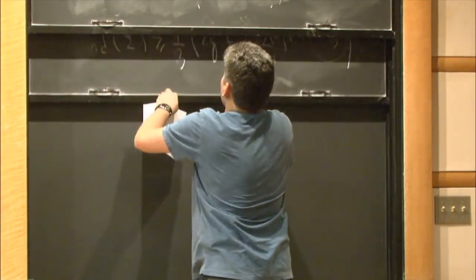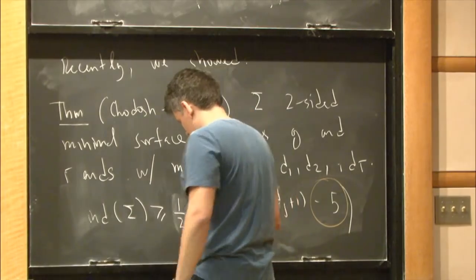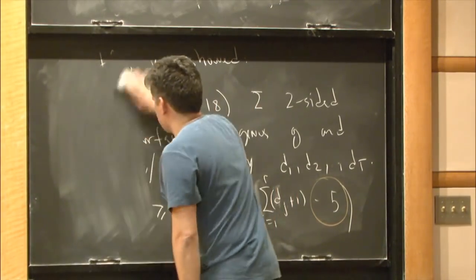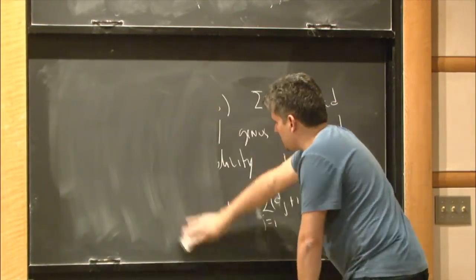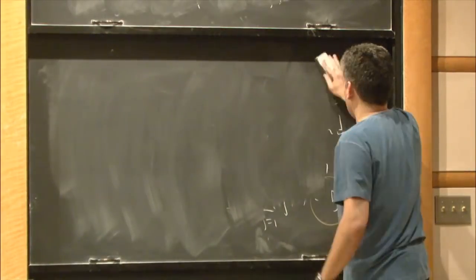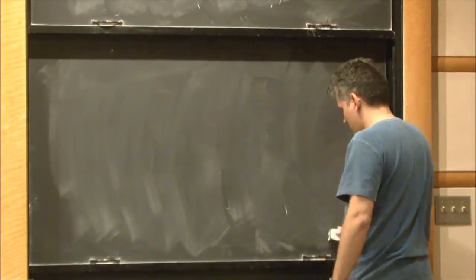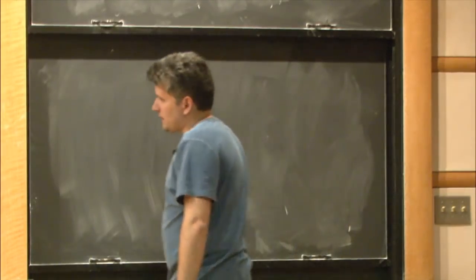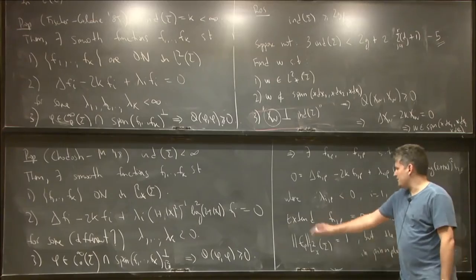Okay, so I claim that if I plug in that choice of eta, I'm basically going to get an expression for phi, any compactly supported function, that will tell me that these eigenvalues don't go to negative infinity.